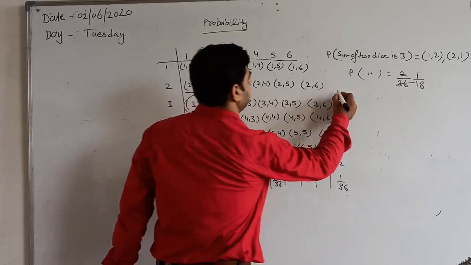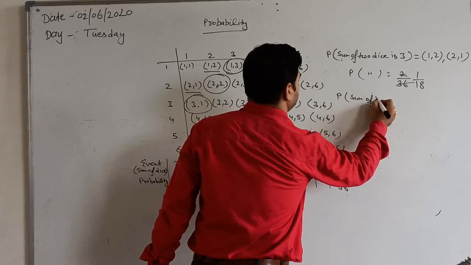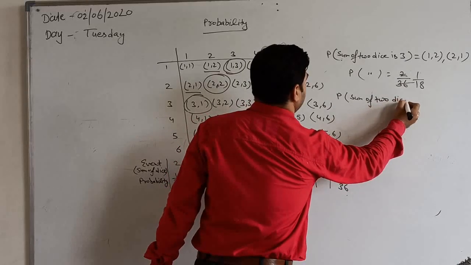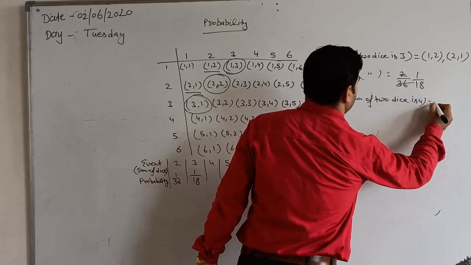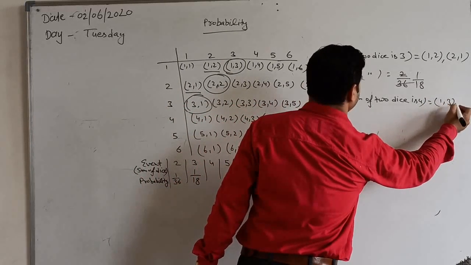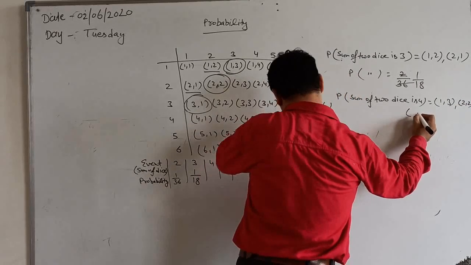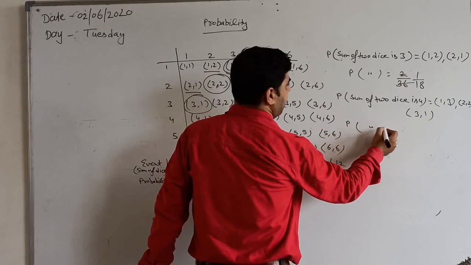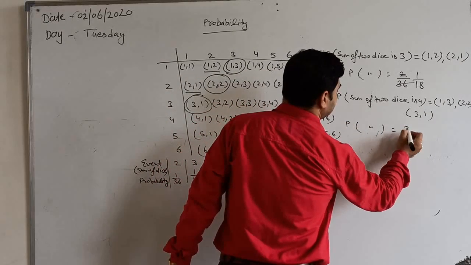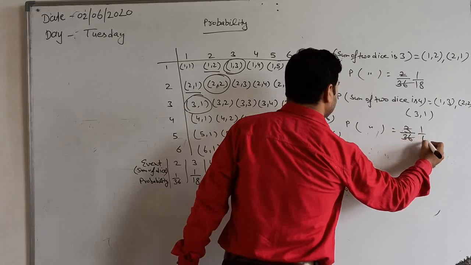So the possible outcomes of the sum of two dice being 4 are 1,3; 2,2; and 3,1. So the probability is 3 by 36.